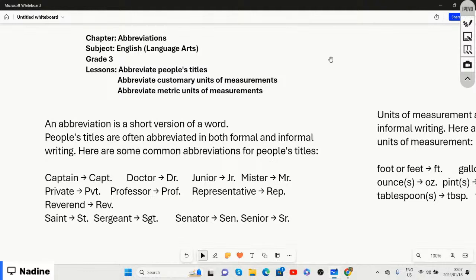So the first 3 or 4 letters, let's put it like that. For example, Monday would be MON, Tuesday would be TUE, Wednesday would be WED. And when we abbreviate days of the week, they need to start with a capital letter.